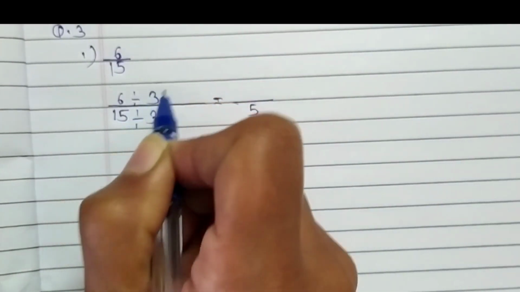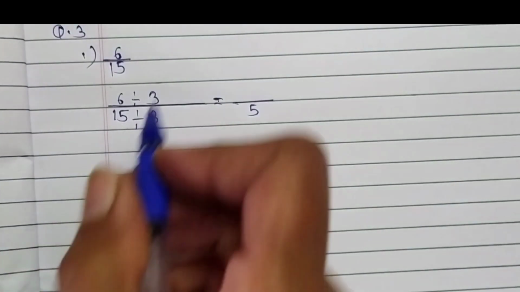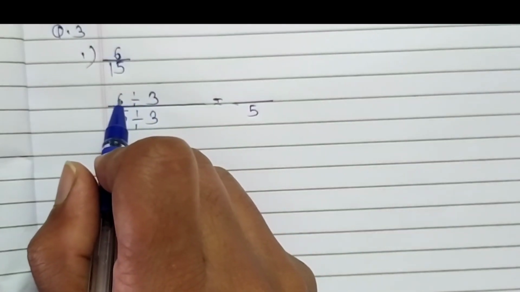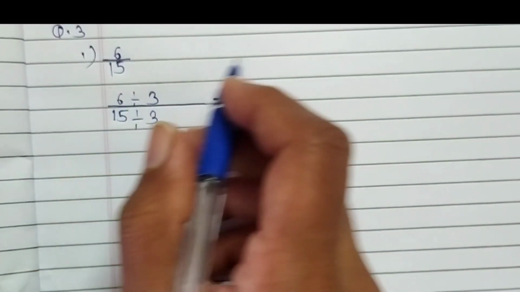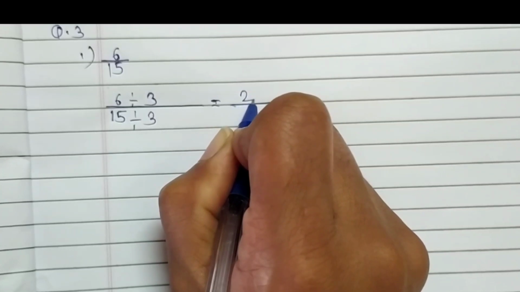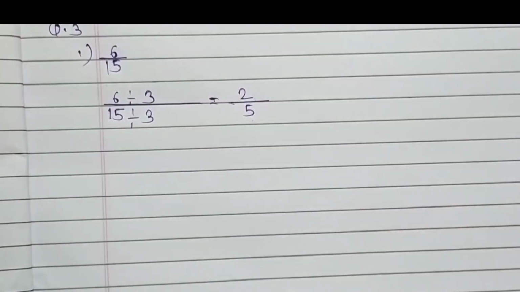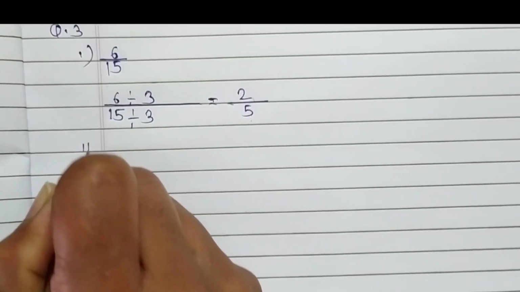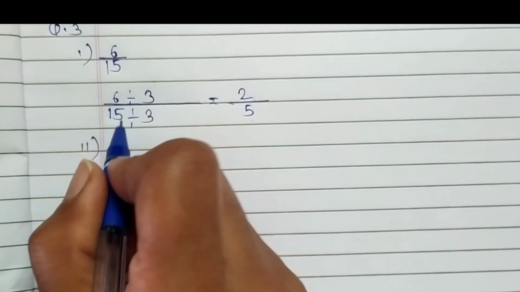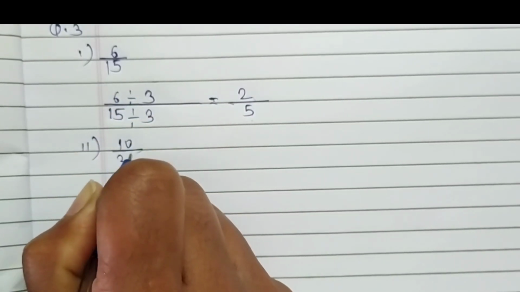Just divide it by 3. 6 divided by 3, 3 2s are 6. So write here 2. Our answer is 2 upon 5.